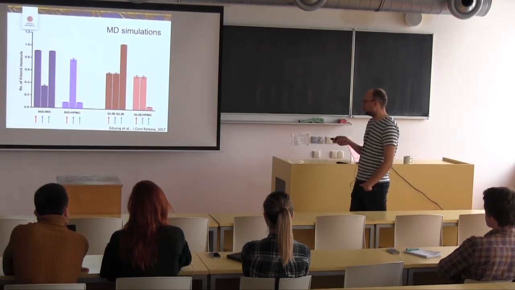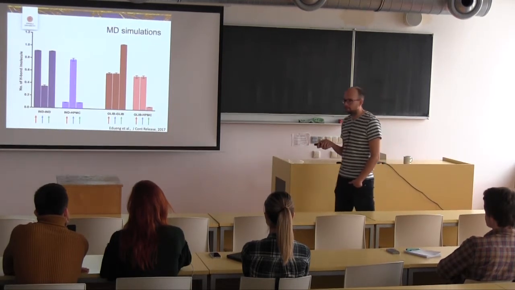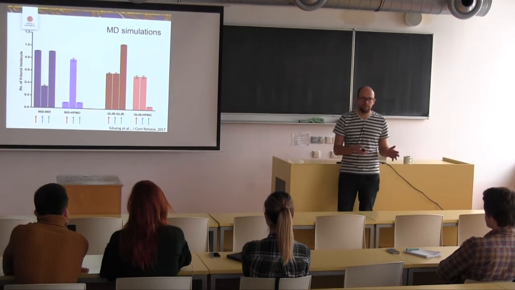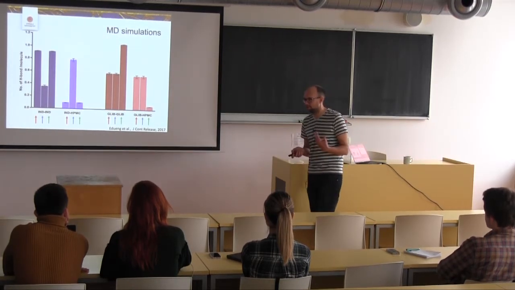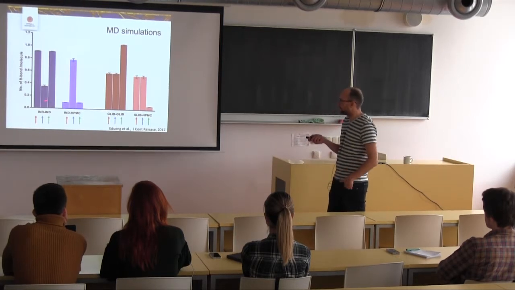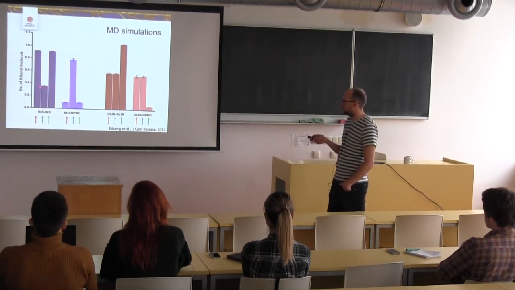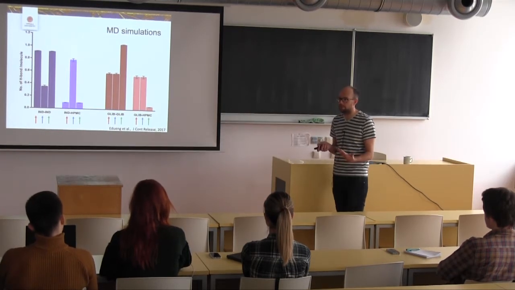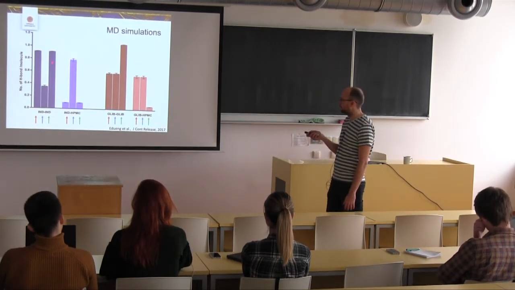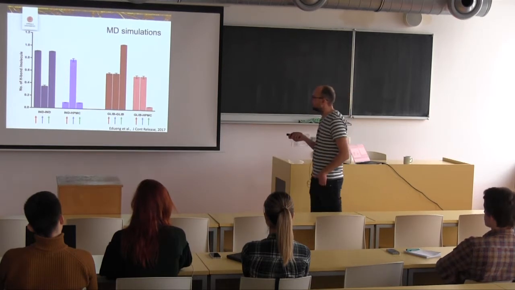If you look at the middle bar, this corresponds to a situation where we have the same number of indapamide molecules versus glibenclamide molecules, which is nice because then you can directly compare the number of hydrogen bonds per molecule. These two other bars are other situations where we didn't do that.